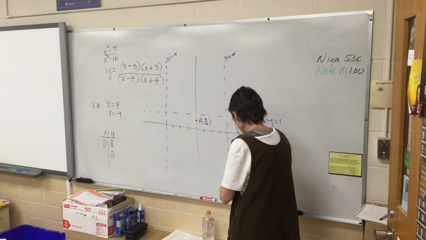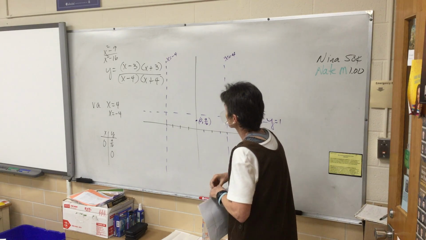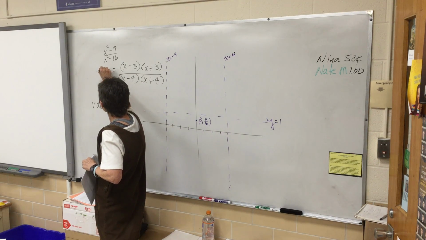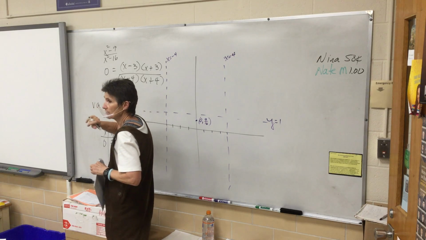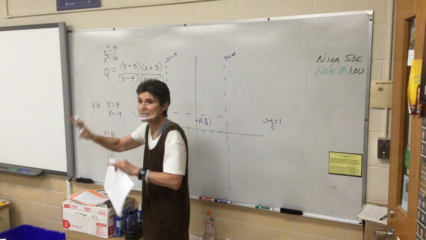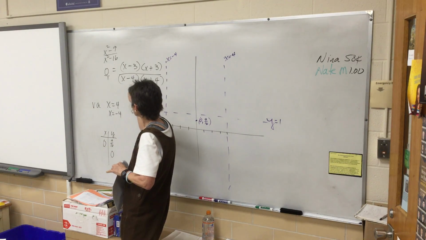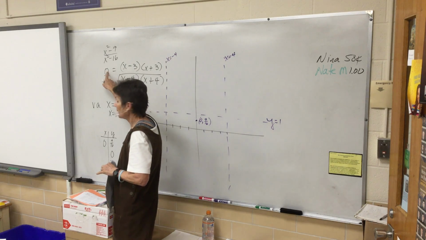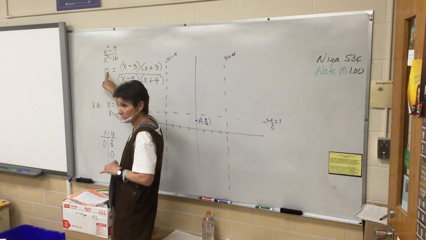And then how do I find my x-intercepts? I'll let y be 0, right? And you can think of that as 0 over 1. It's an easy equation to solve. The denominator is going to disappear, because when you multiply it over to here, it's 0.